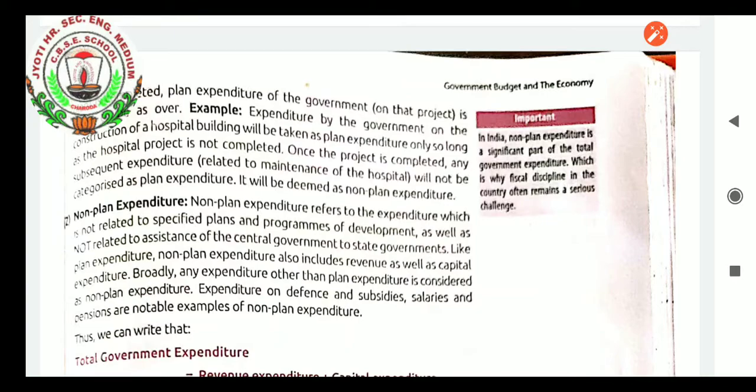Expenditure on defense and subsidies, which sometimes has to be made suddenly, is considered as non-plan expenditure. Salaries and pensions are notable examples of non-plan expenditure. In India, non-plan expenditure is a significant part of the total government expenditure, which is why fiscal discipline in the country often remains a serious challenge.